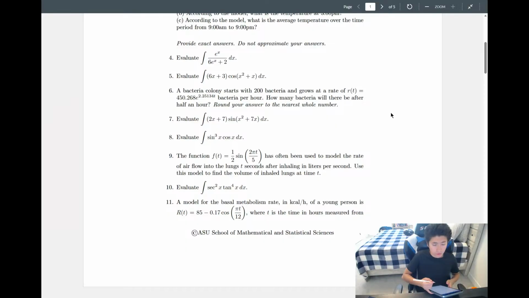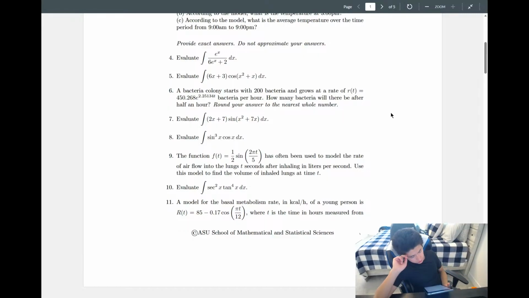Okay, so this looks like integration by parts, but okay, what would be the best u?